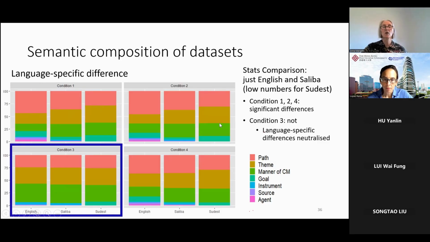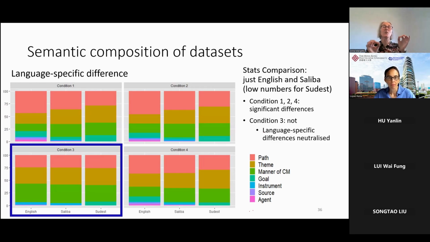Condition 3, we do not find significant differences. So differences that are in the data are actually neutralized when we only look at gestures that express caused motion.